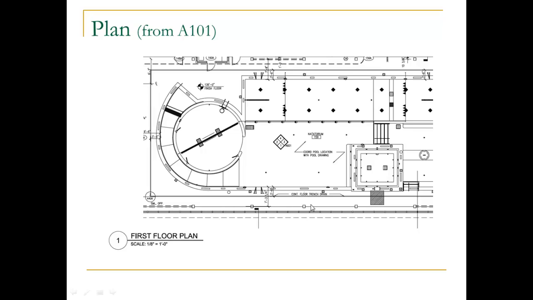If we open up our plan set from the booklet that you picked up at the bookstore on 11 by 17 paper, this is a plan view with an area from that plan for the first floor plan of the recreation center. You probably recognize this as the pool area.